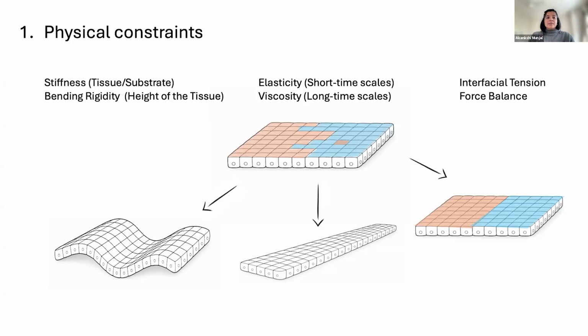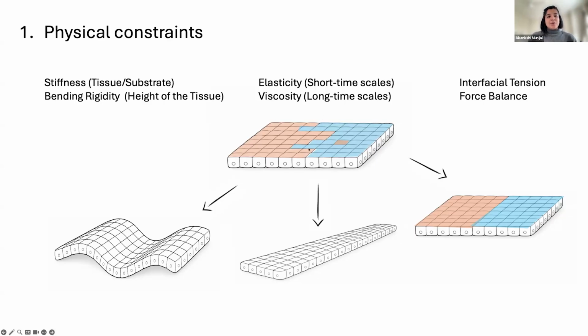And finally, a process that I didn't introduce in the first part, among the many different kinds of morphogenesis you can have, is sorting of cells. Here the governing constraint is interfacial tension, and force balance is used a lot during morphogenesis.